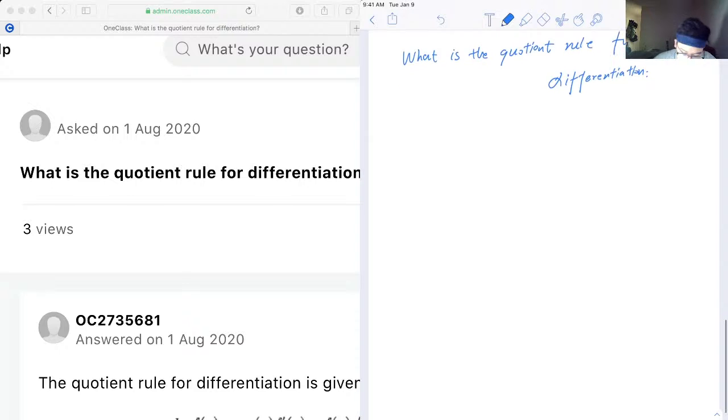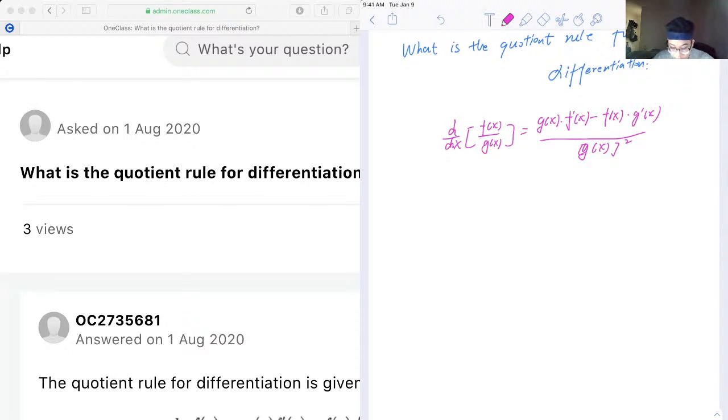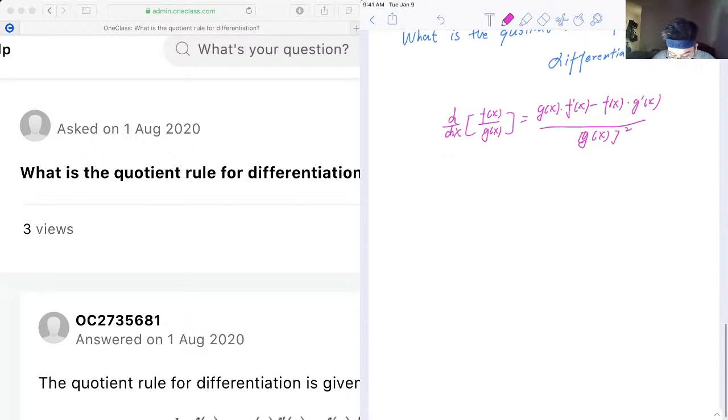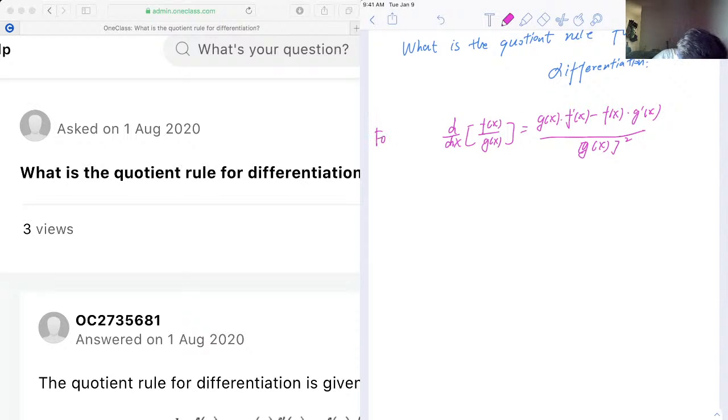Okay, and that is given by the formula d dx of f of x over g of x is equal to g of x times the derivative of f of x, minus f of x times the derivative of g of x, over g of x squared. Yep, so that would be the formula.